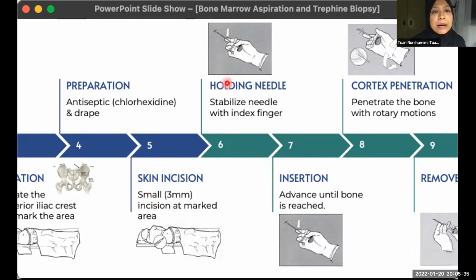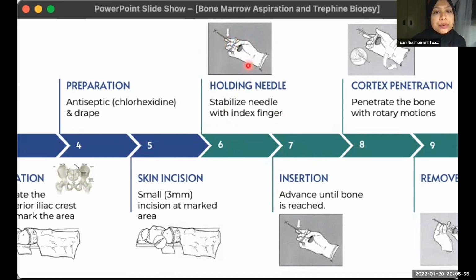So then, in holding the needle, a more comfortable way to hold it is to put the dome in your palm, with the third and fourth fingers on the handle and on the transverse handle, and you stabilize it using your forefinger.